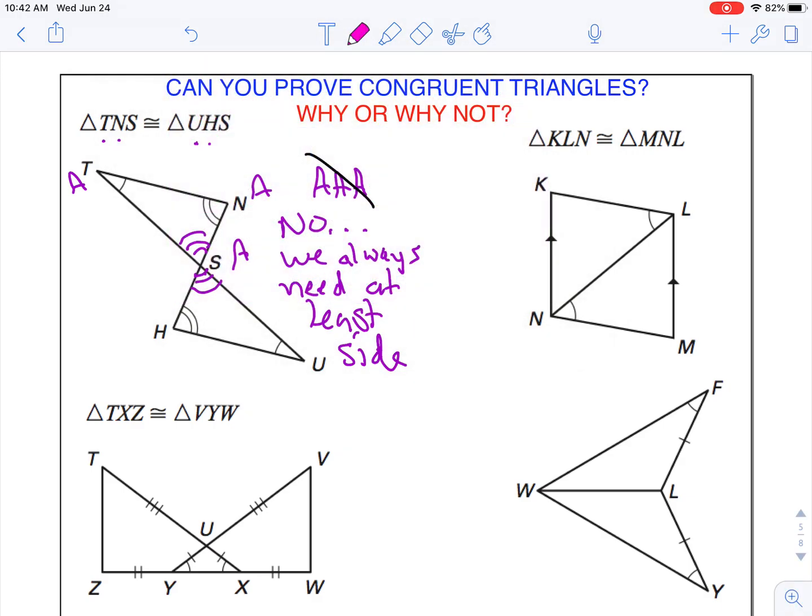Triangle KLN, is that congruent to MNL? Well, we have this angle that is corresponding and congruent, and we have this reflexive side. So far we have an angle and a side. We don't have anything else marked, but always look for vertical angles. We don't have any. Look for parallel lines.